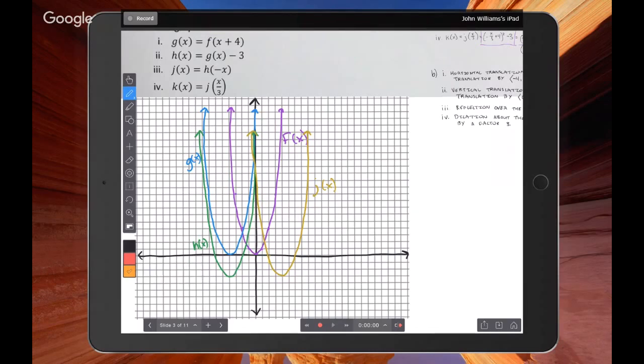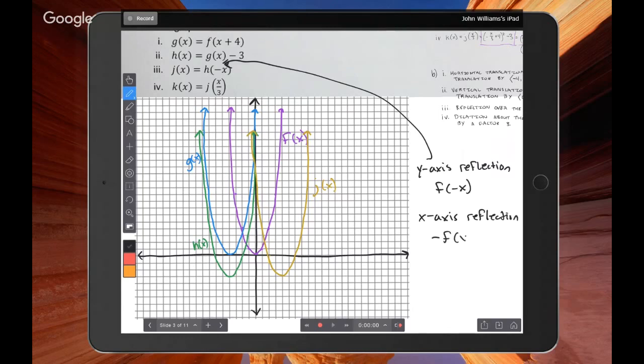Oscar, excellent question. If it was a y-axis reflection, I'm talking about f of negative x, which is what I had here, was inside. If it was an x-axis reflection, it would have been negative f of x. That's not what you meant, Oscar?